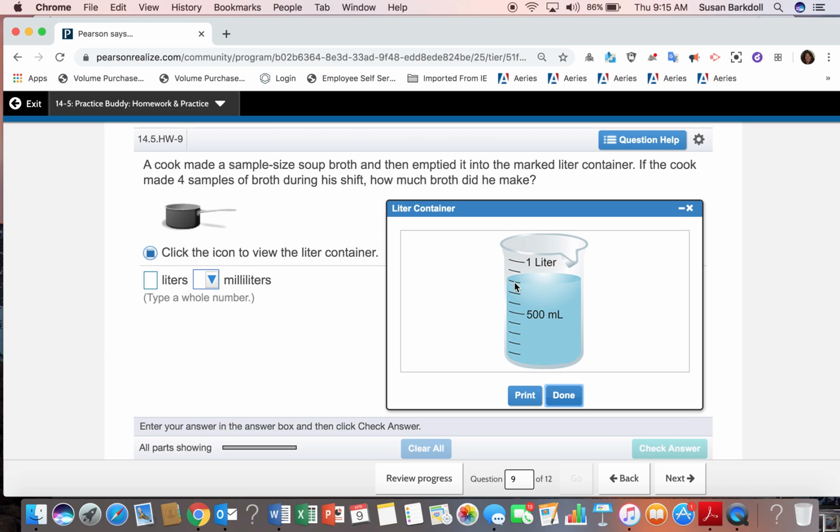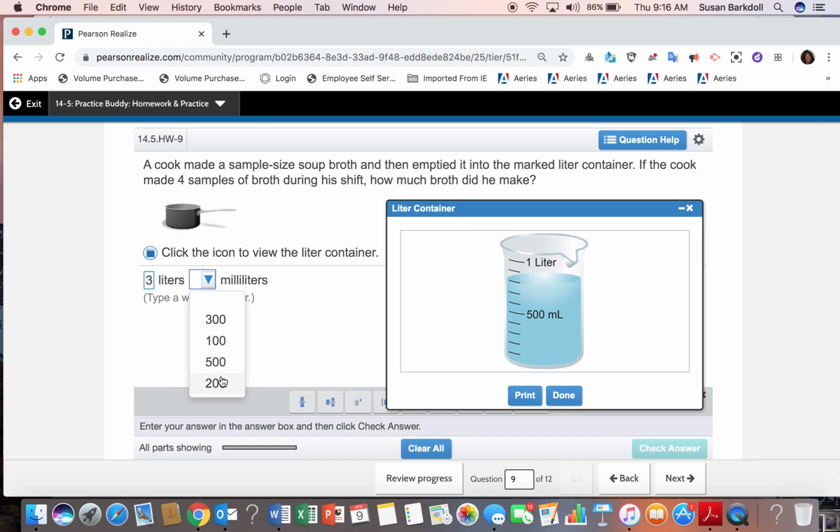Aha, but the question is, how many liters? As I said before, there are 1,000 milliliters in a liter. So if I have 3,200 milliliters, that means I have 3 liters and 200 milliliters.